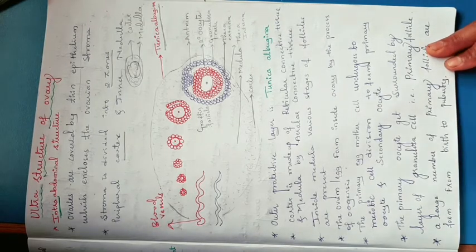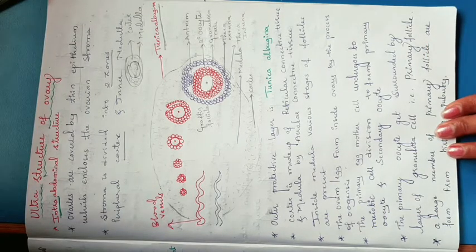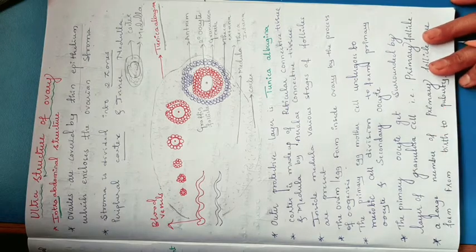Initially, for the production of the female gamete, the female gamete mother cell undergoes certain meiotic cell divisions. We already know that meiosis is of two types, meiosis first and meiosis second. Meiosis first has many substages, prophase 1.